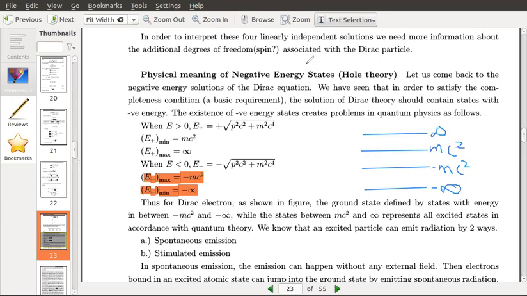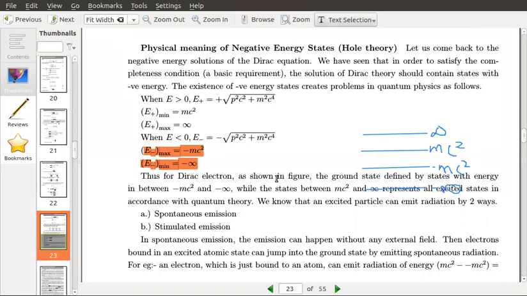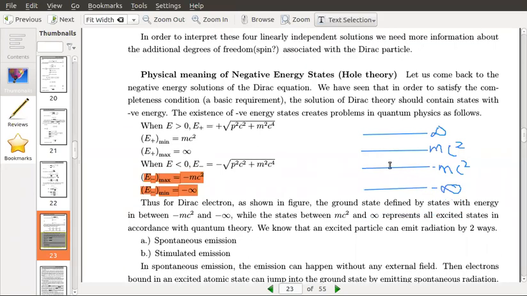Now, see how we can interpret these things. For Dirac electron, this one you can call it as ground state, and this one you can call it as excited states, because this is lower state, this is higher state. If some particle is here, you can call it as ground state or lower state.